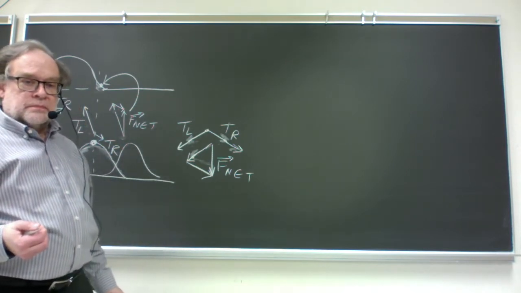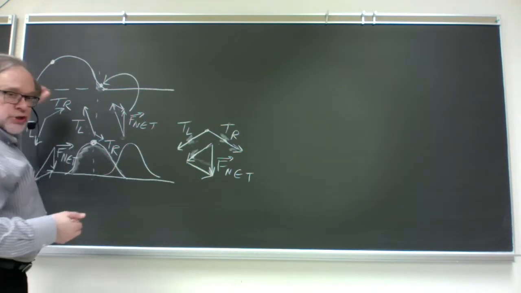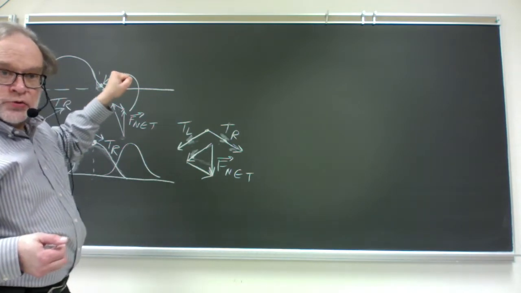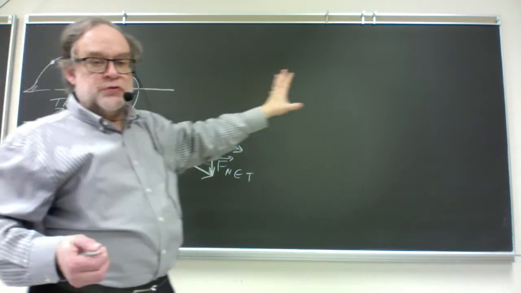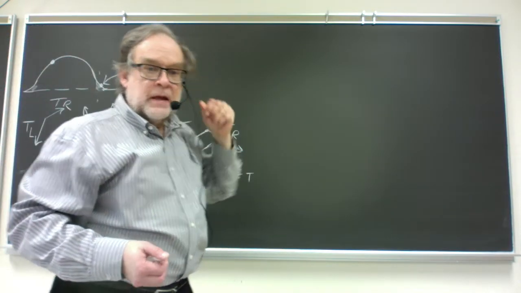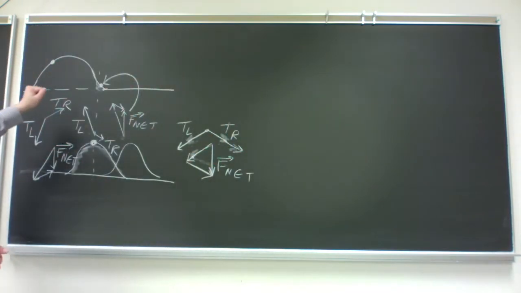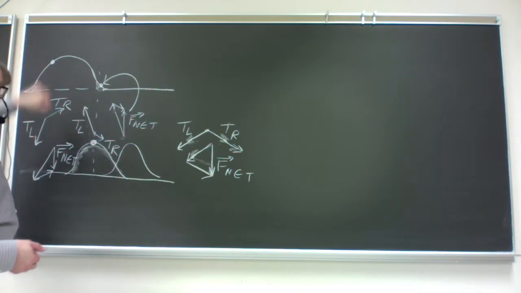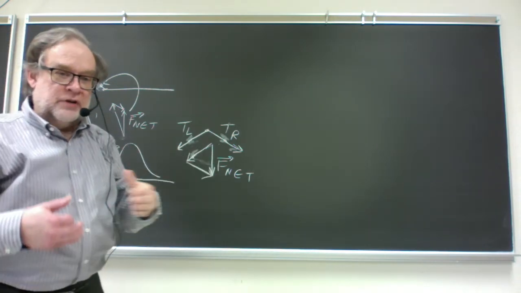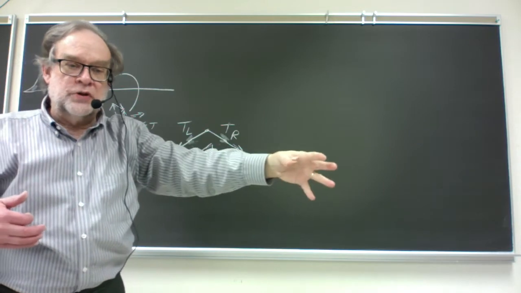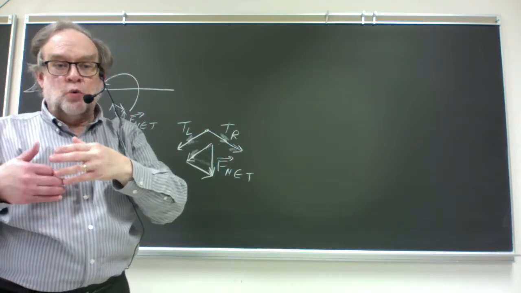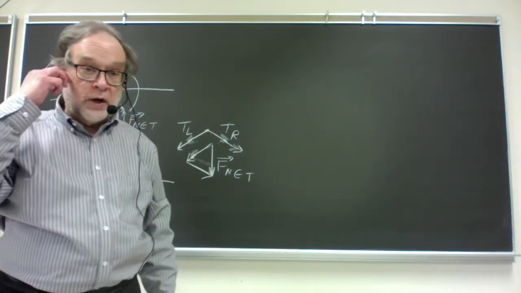In other words, after I give the left-hand end of the string a shake, the pulse just moves from left to right. And if, instead of giving it just one shake, I continued shaking it for a while, I'd have not just one pulse moving to the right, I'd have an actual wave moving to the right.